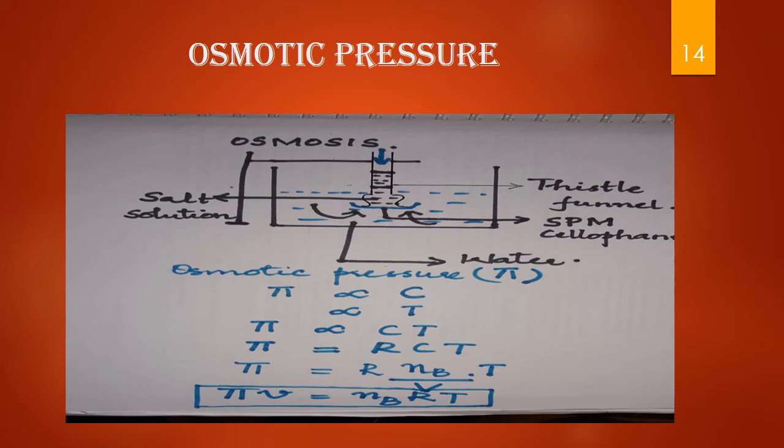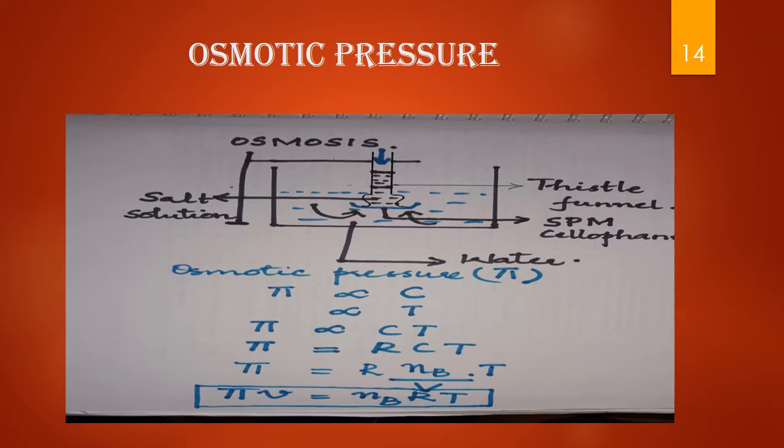In order to prevent this process of osmosis, we apply a hydrostatic pressure on the solution side, and that pressure exerted is known as osmotic pressure. That is usually denoted by the letter pi. This pi doesn't have any connection with 22/7.